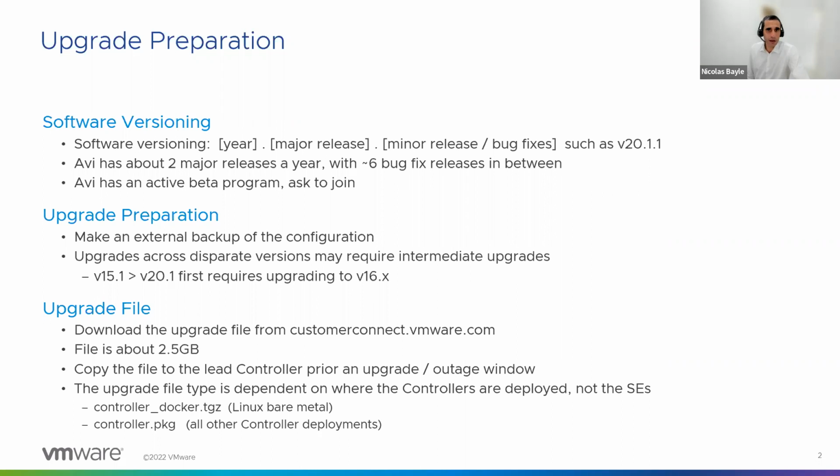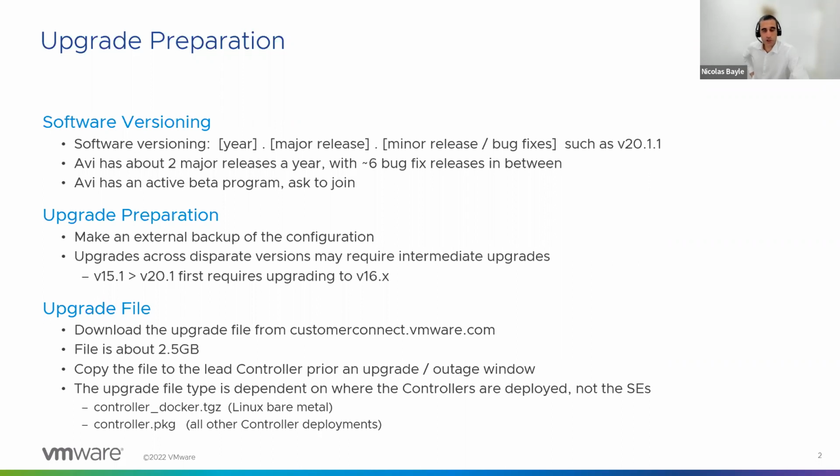But as with any other vendor, to fix a bug, you will need to upgrade. So we want to make sure that this upgrade process is not difficult, and that you understand how you can go through it.